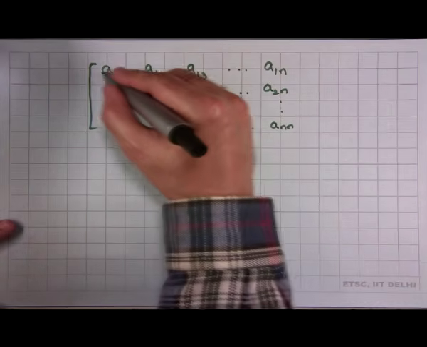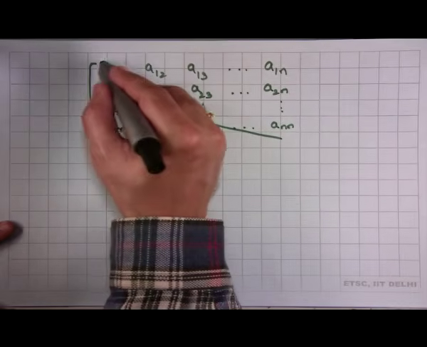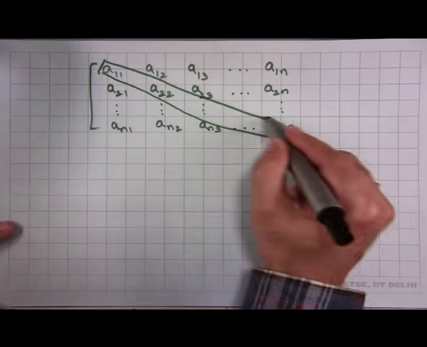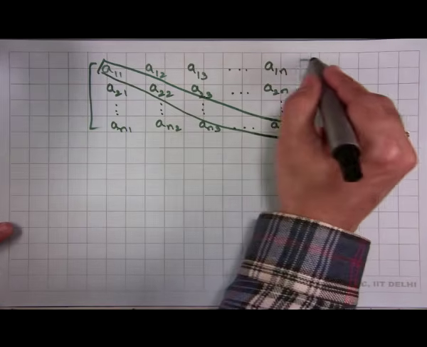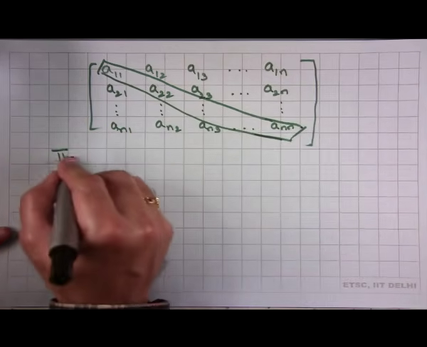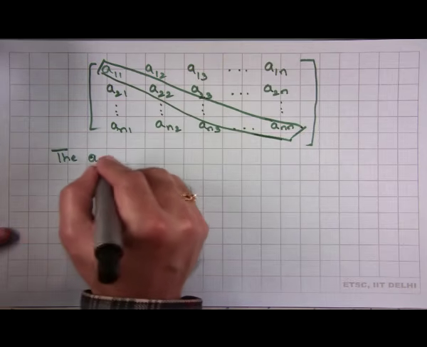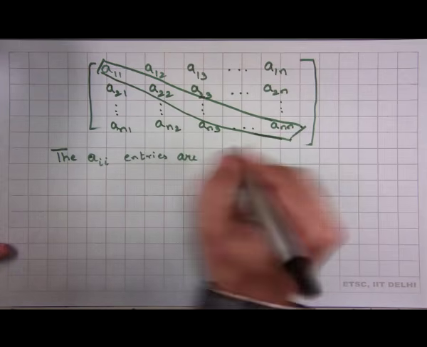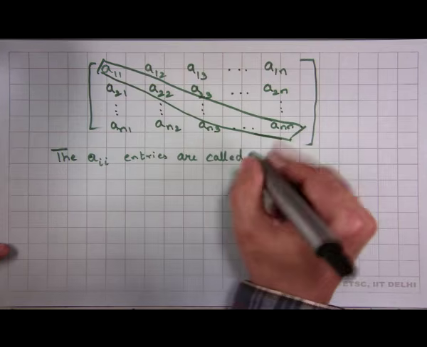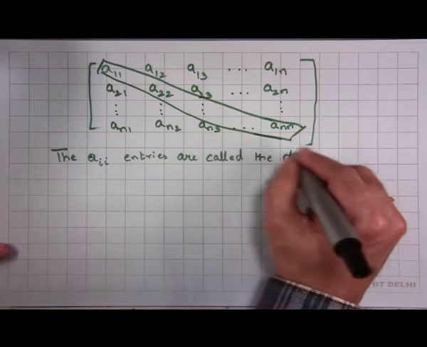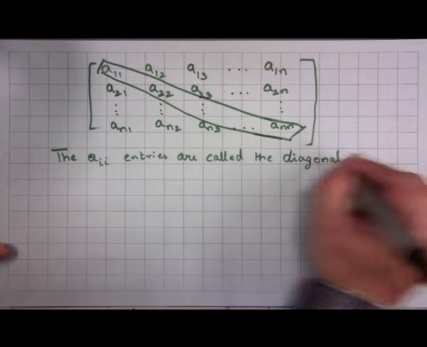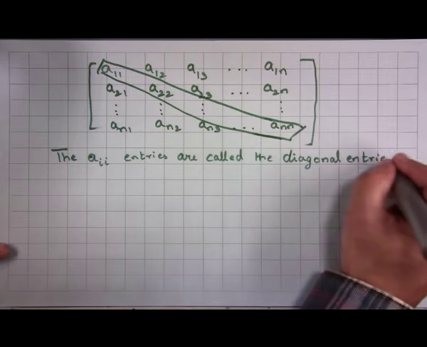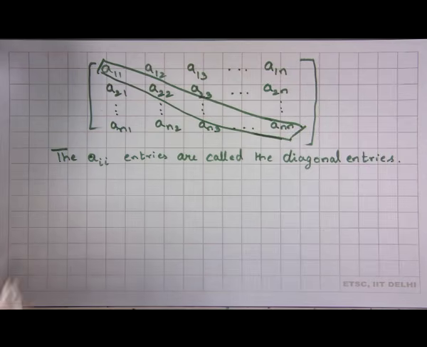These entries, the Aii entries, are called the diagonal entries, or the entries in the ith position. Entries in the ith position are called the diagonal entries.